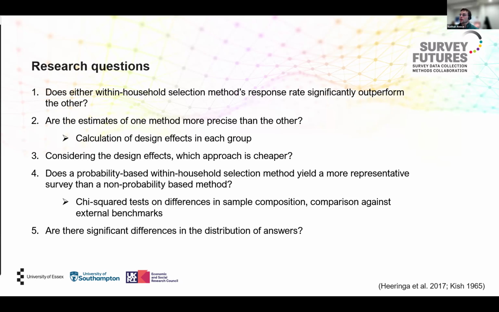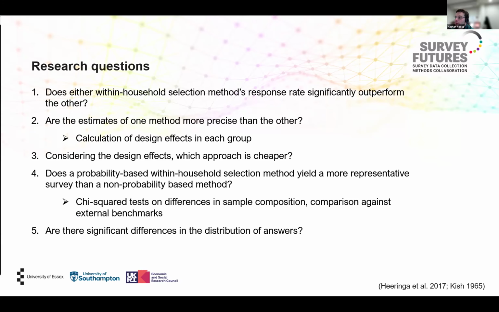For the research questions, you can imagine what these were. We want to know which within-household selection method performs better generally, which has the higher response rate. It's the first research question. We're also interested to know the precision of the estimates in both groups and to know the overall design effects for both methods.